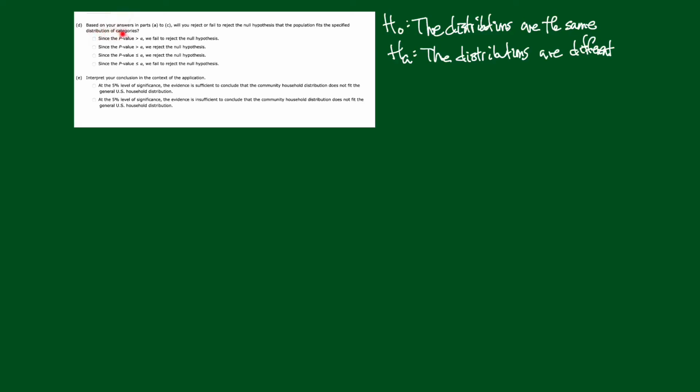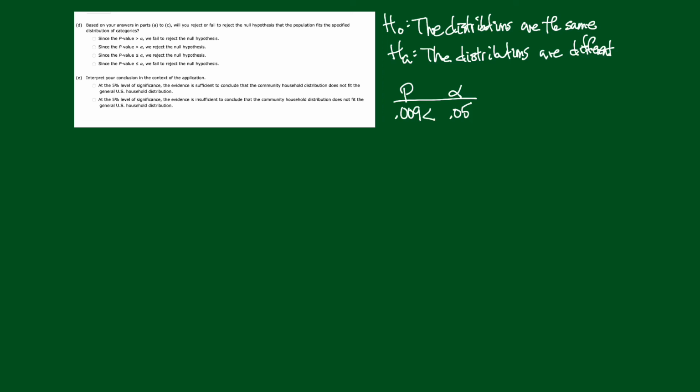Part D, based on your answers, will you reject or fail to reject? That's where we're going to use our p-value. I like to do that with a little table here. So here's my p, here's alpha. The p-value was 0.009, alpha was 0.05. So how does p compare to alpha?